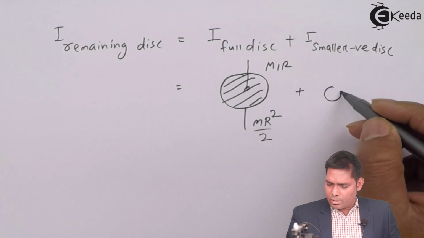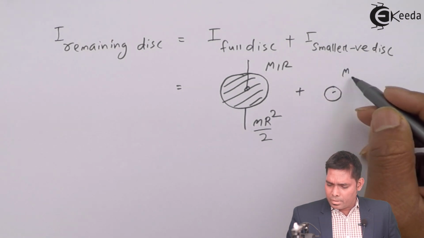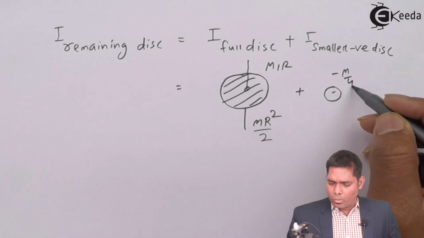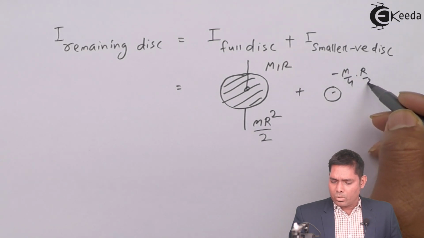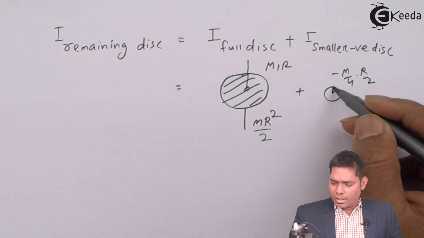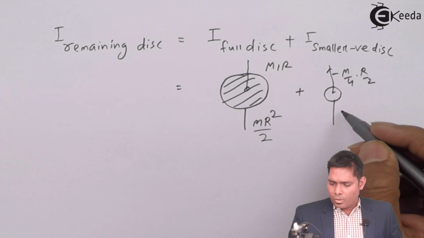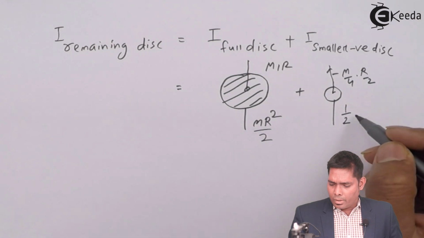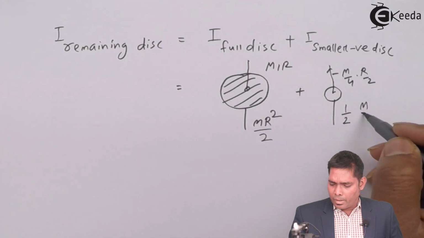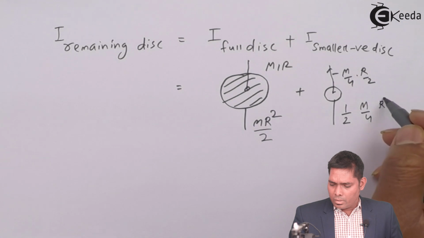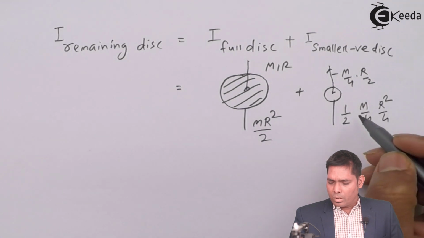This one is having mass minus m by 4, and radius is r by 2. About this axis it is half m by 4 into r square by 4. This is negative.